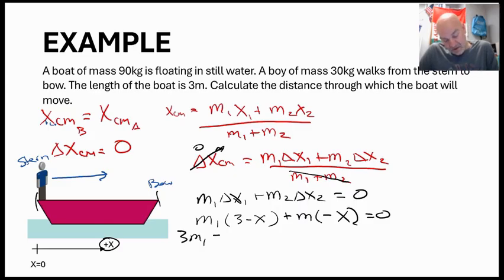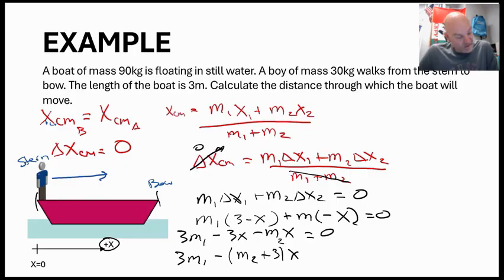So I have 3m1 minus 3x plus, minus m2x, equals 0. I can do some math here, and that becomes 3m1 minus m2 plus 3x.